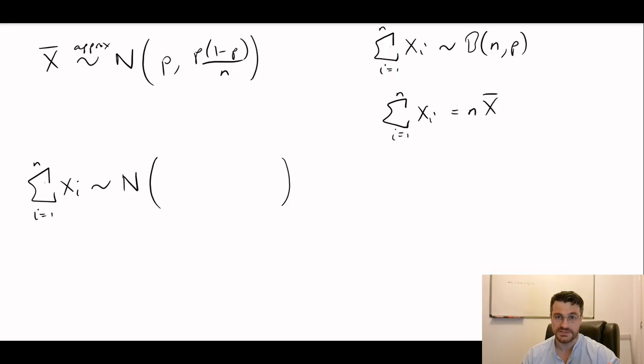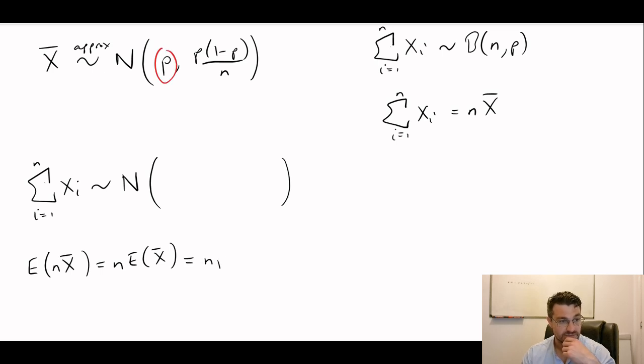So how do I do that? Well, I need to use the properties of expectation and variance that I've just given. The expectation of n x bar is equal to n times the expectation of x bar. But the expectation of x bar, the mean of x bar, is p. So this is equal to np. So the first parameter here is np. What about the variance?